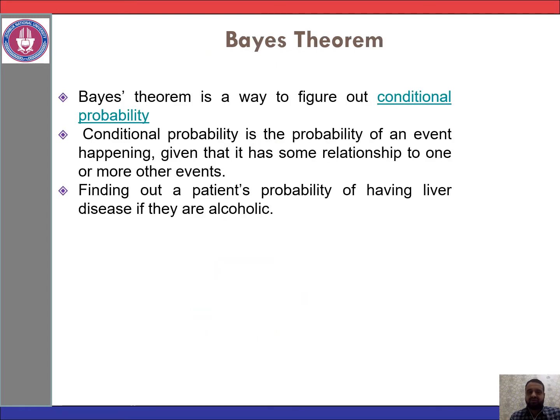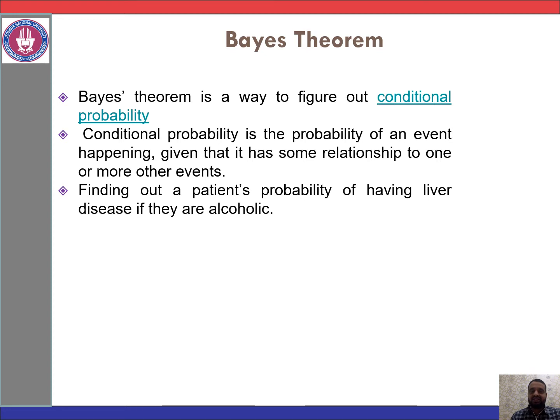Now I will talk about one of the most important classifiers, that is called the naive Bayes classifier. But before going to the naive Bayes classifier, I will talk about the Bayes theorem. Bayes theorem is important. What it does is it finds the conditional probabilities. Conditional probabilities are basically the probability of an event that is happening given that it has some relation to one or more other events.